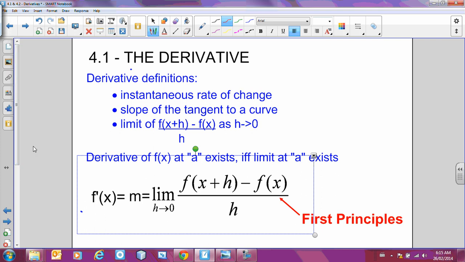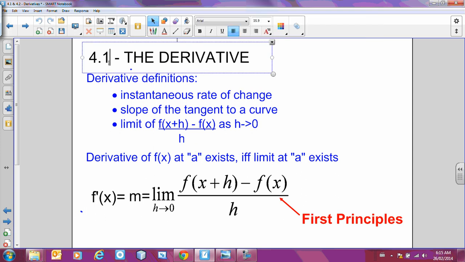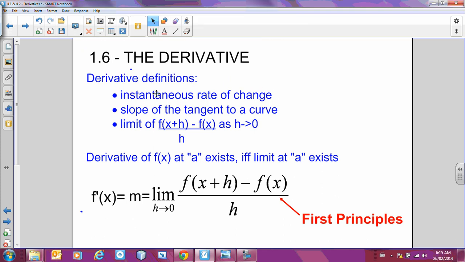Just a little bit of talk here. So new term we're going to be using, derivative. It's not really section 4.1. That's just the chapter it was in a textbook I've used in the past. So this is more like 1.6 now for us. It's a derivative, excuse me. And we haven't necessarily focused on it, but everything we've done so far is we've been finding slope.